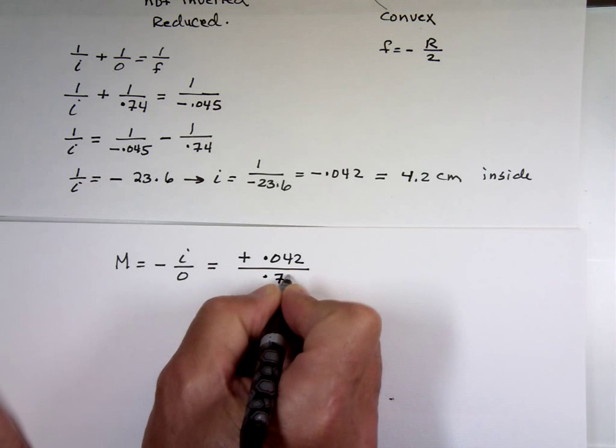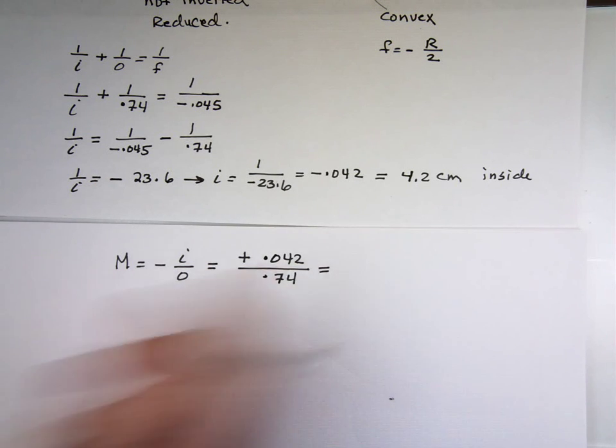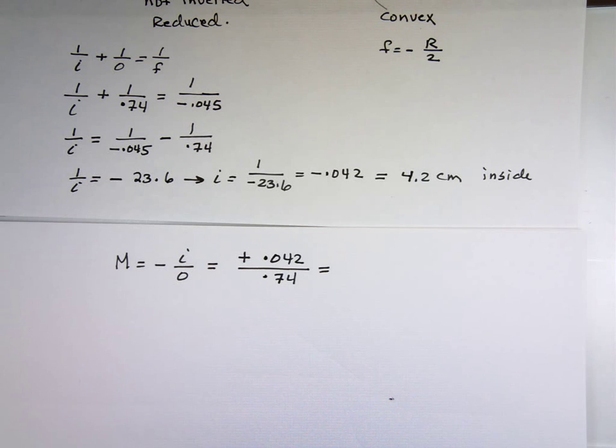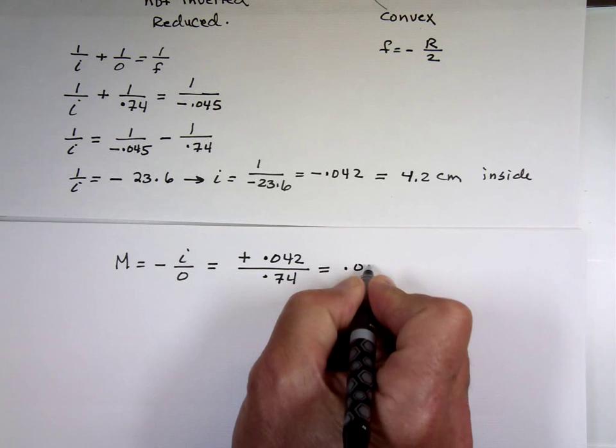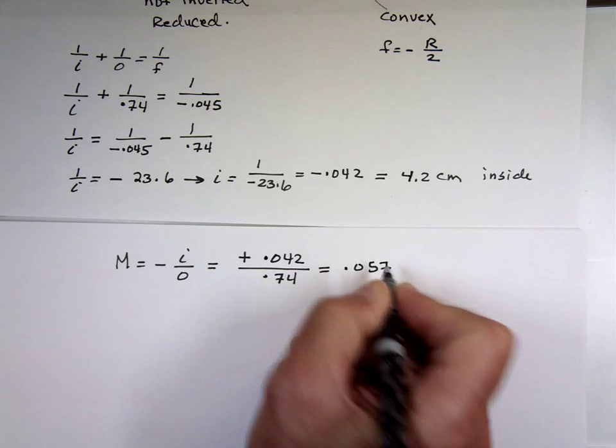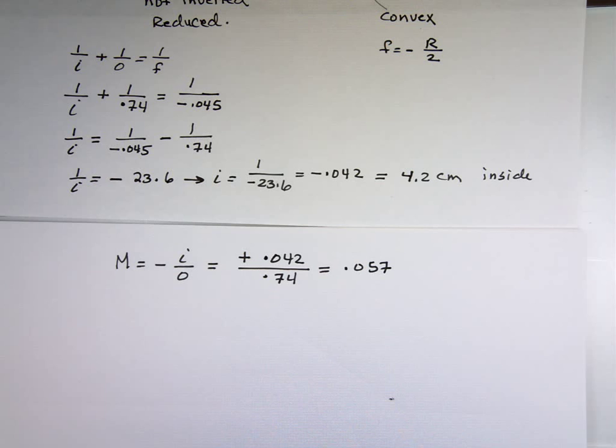I'm using meters here. Which is 0.057. Two significant digits, yep. 0.057. That's the magnification. 0.057. Submit.